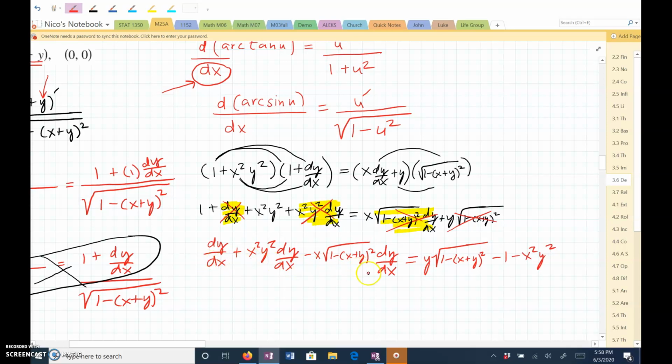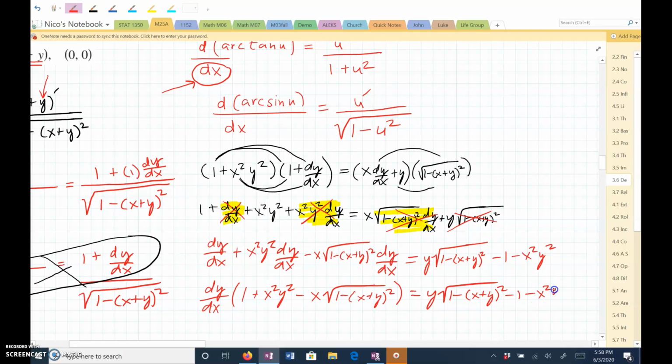Next, I'm going to factor out dy/dx. So I'll be left with 1 plus x squared y squared minus x times the square root of 1 minus x plus y squared equals y times the square root of 1 minus x plus y squared minus 1 minus x squared y squared.